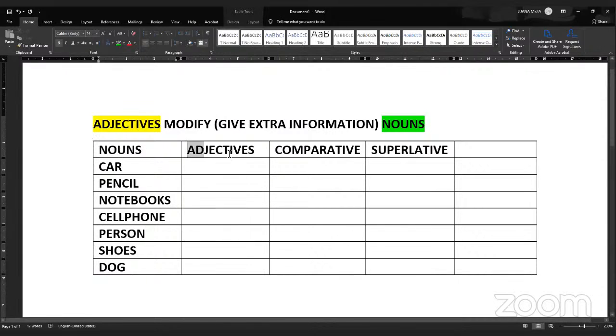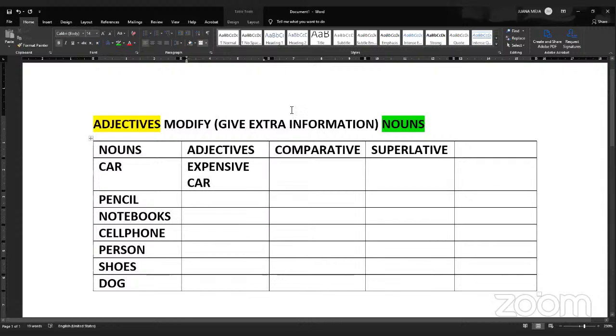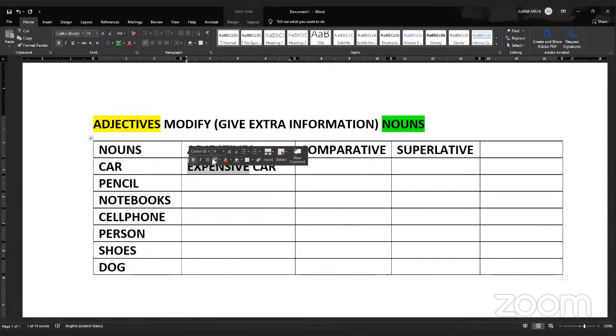Now, adjectives. This is what we need to learn for today's class. For example, for the car, we can say expensive car. Expensive is the adjective, and this adjective is giving more information about a noun. The noun is the car. Expensive means that the car costs a lot of money.